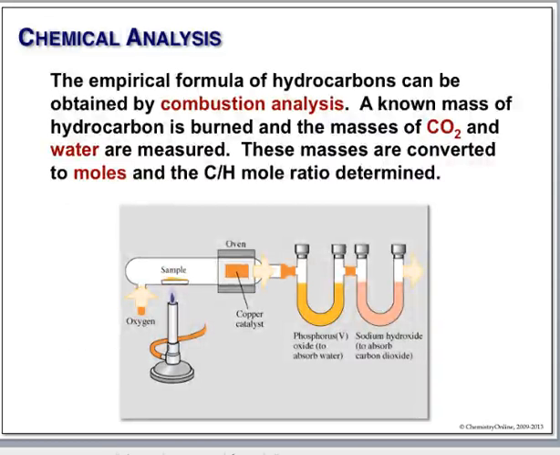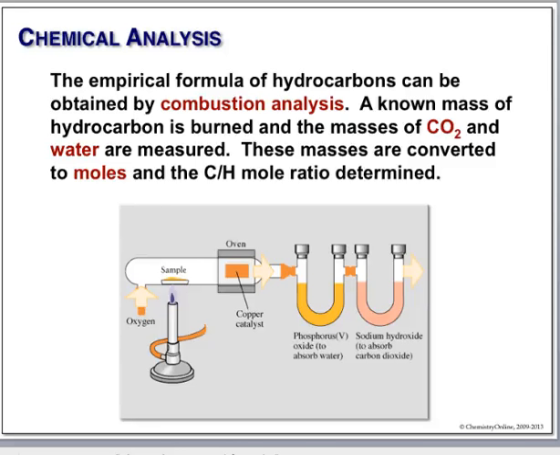Now, the stuff that comes out then passes through phosphorus 5 oxide. You could all write that structure, right? Where the water is absorbed. It then passes through here, sodium hydroxide, where the CO2 is absorbed.